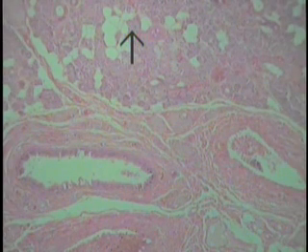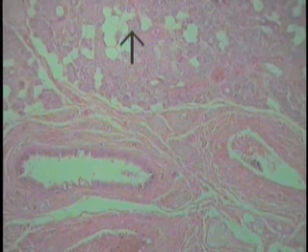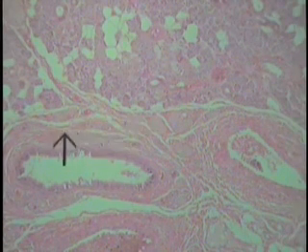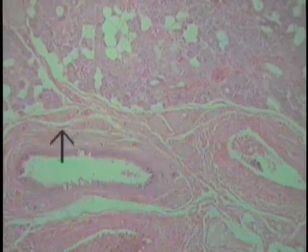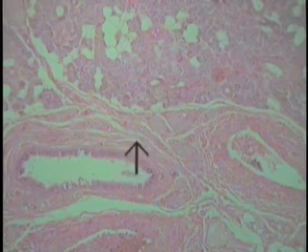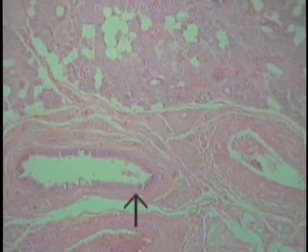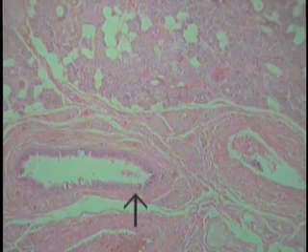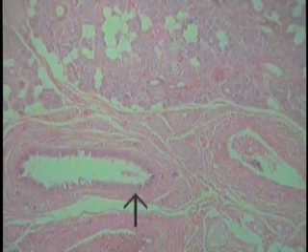The tissue section on the field of view is a submandibular gland, and a large tubular structure, as indicated by the pointer, happens to be a large excretory duct draining this gland. This is one of the locations where one can observe stratified columnar and stratified cuboidal type of epithelium.